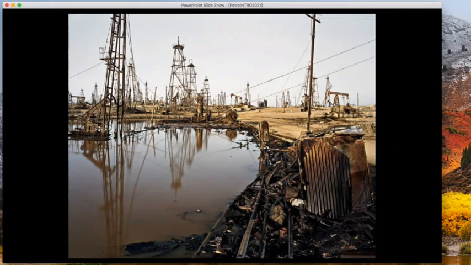You're looking at an abandoned oil field in Kuwait. Remember, the Middle East is actually the biggest abundance of oil and gas. And their laws are nowhere as tight as ours are, their regulations. And so when an oil field dries up, they just walk away and they leave this toxic mess in place.